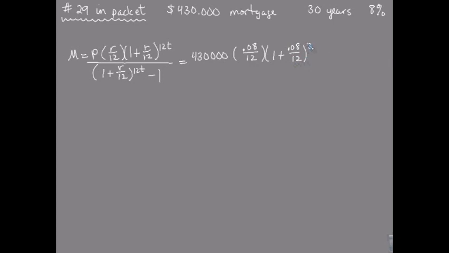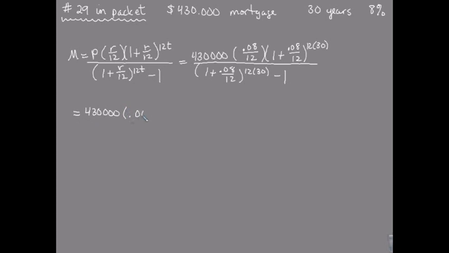And we're doing 30 years. 0.08 divided by 12 gives me a long decimal because it's repeating.